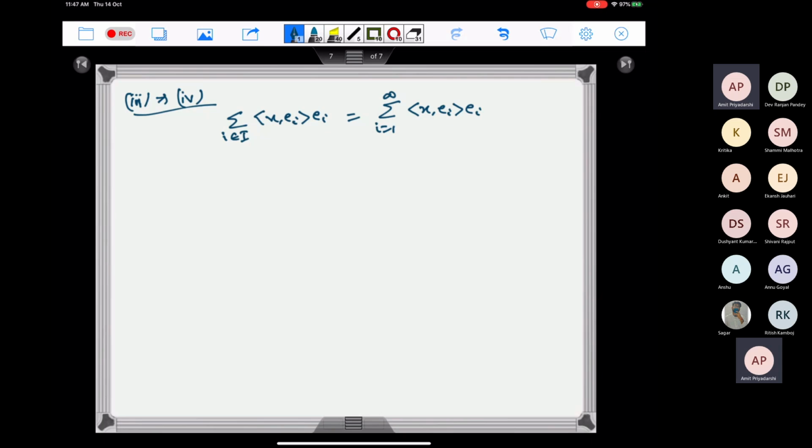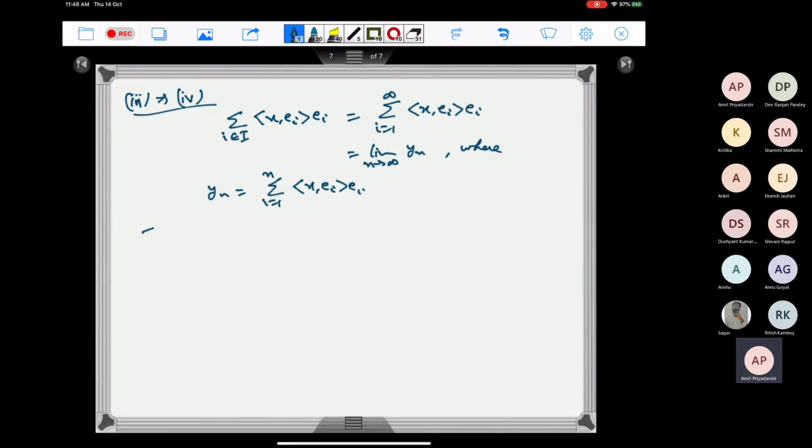So this can also be written as the limit of n tending to infinity of y_n, where y_n is equal to summation of x dot e_i e_i, i equal to 1 to n.